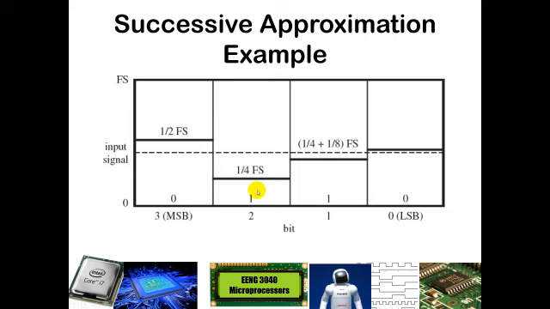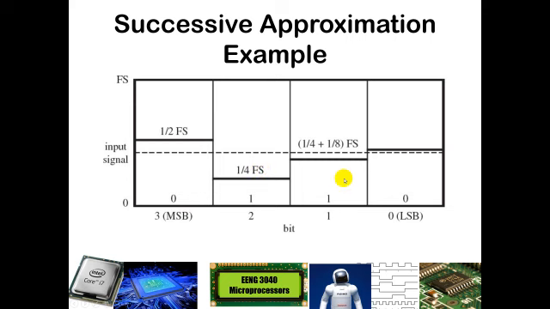What this means is we have now represented 1/4 of full scale within the voltage, so before we go on to the next bit, we can ask ourselves, what voltage remains? We've already represented 1/4 of the full scale voltage. How many more volts do we have that we have not yet represented? That difference is basically the difference between this line and this line right there in terms of voltage.